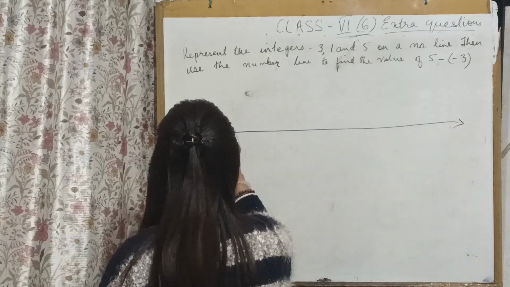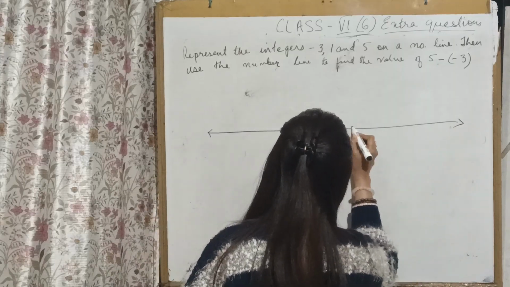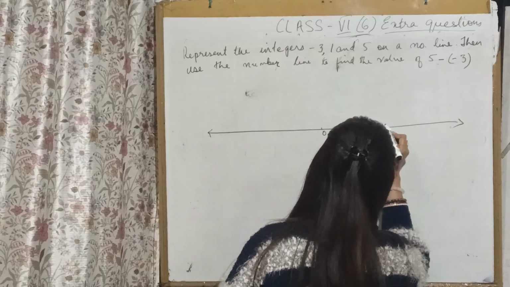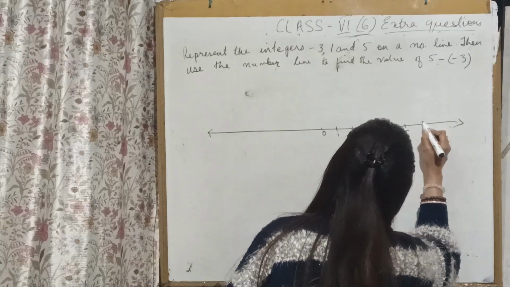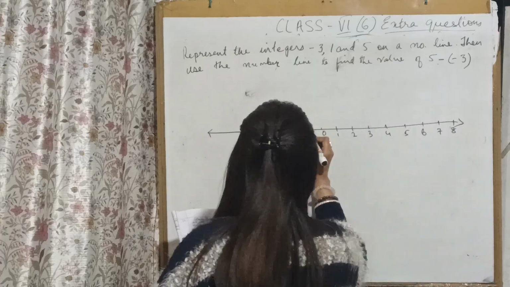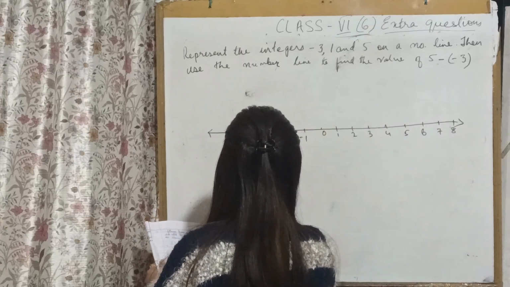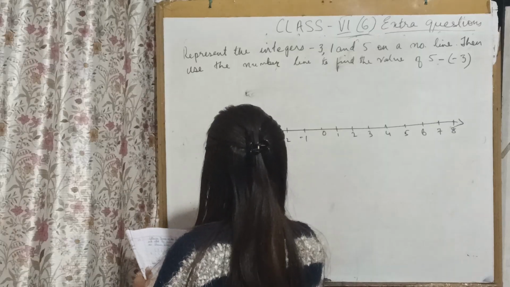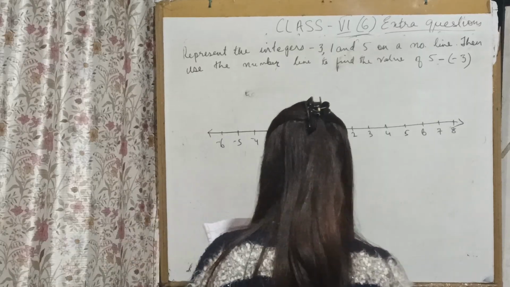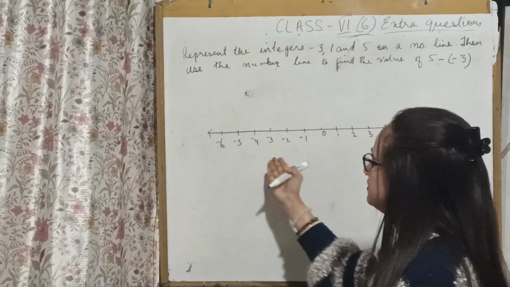Okay. 0, 1, 2, 3, 4, 5, 6, 7, 8. -1, -2, -3, -4, -5, -6. What did they ask you for? -3. So dekho, minus is this side.